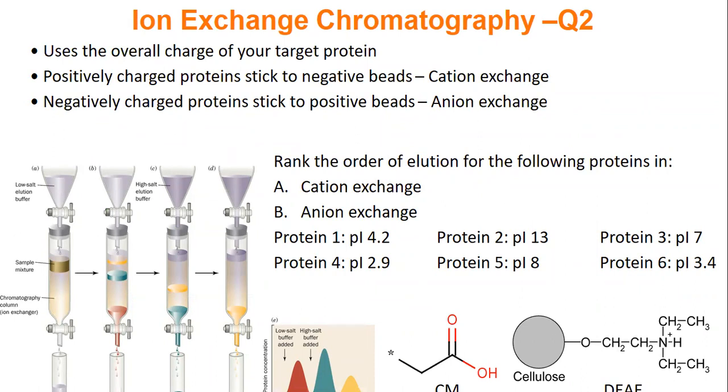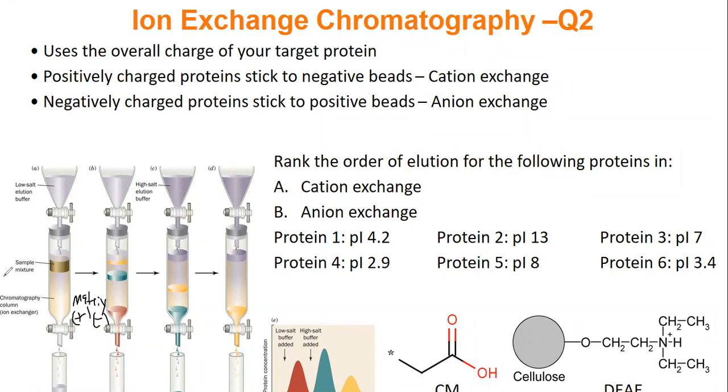Now, the idea of ion exchange chromatography is that you have a solid phase and a liquid phase. And in the solid phase, also called the matrix, you have charged particles. You either have positively charged particles or negatively charged particles.